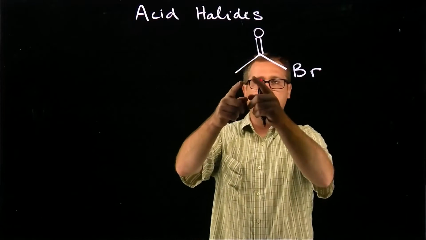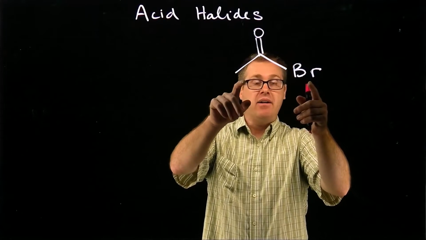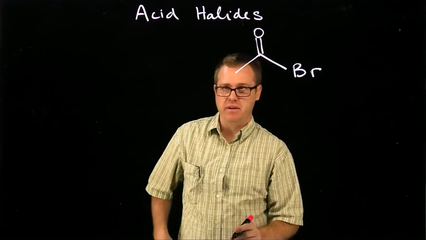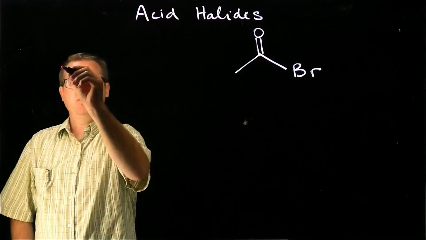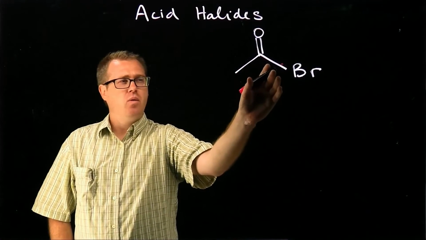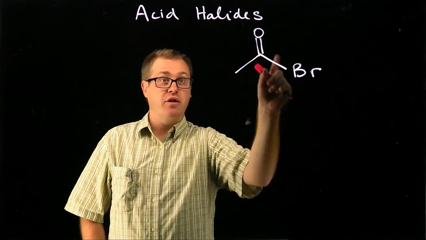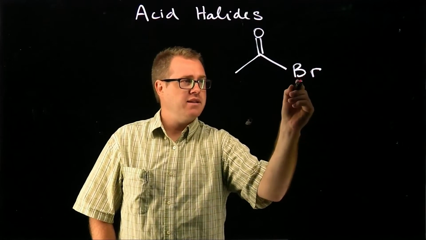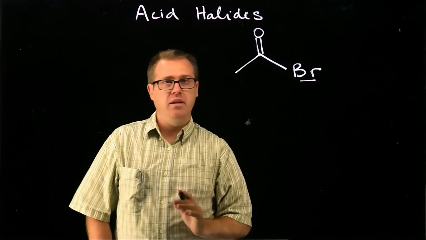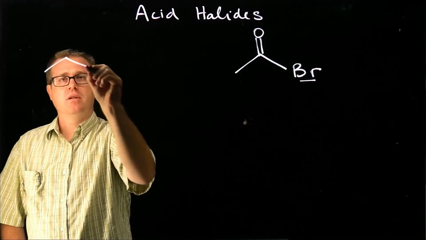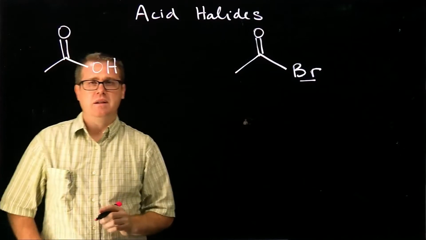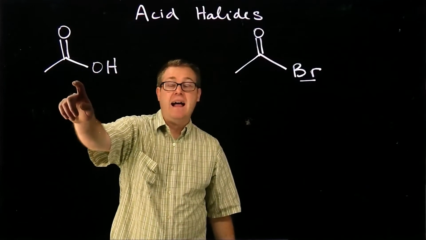Well, first thing that I noticed is that it is an alkyl halide. So this is a carboxylic acid derivative. So what I do is, okay, what would the carboxylic acid version of this look like? And so all I would have to do is replace this bromine with an OH. And now I'm like, okay, what's that name?